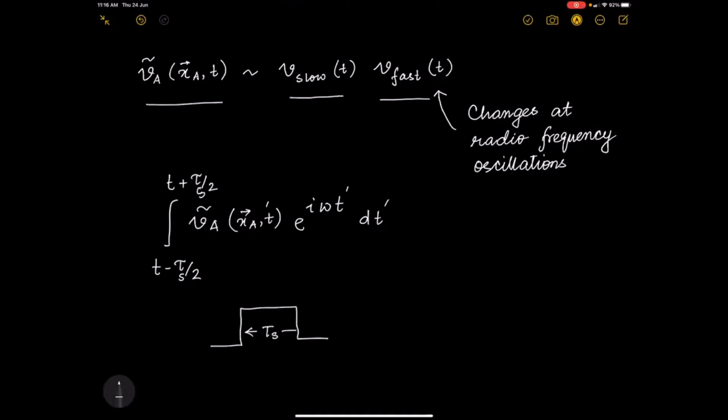I will tell you why we call it tau s. What happens if I do that? Well, over that small time tau s, the slow part of the signal doesn't change, so that can come out of the integration. And then the rest is just the Fourier transform of the first part. So that will give me the frequency content of the signal.